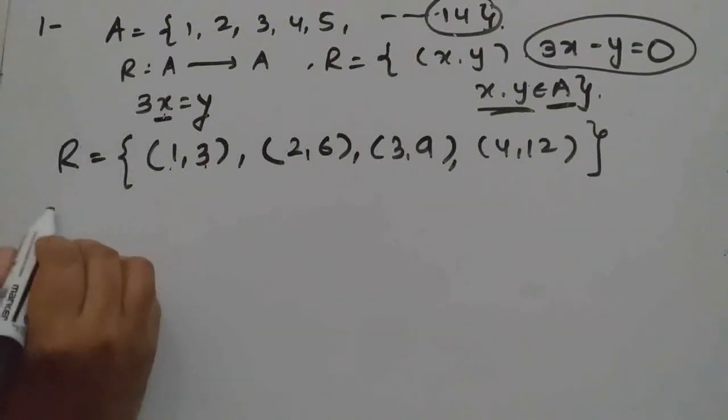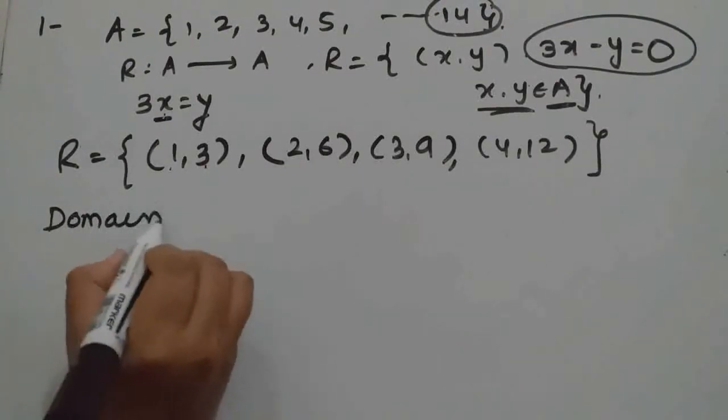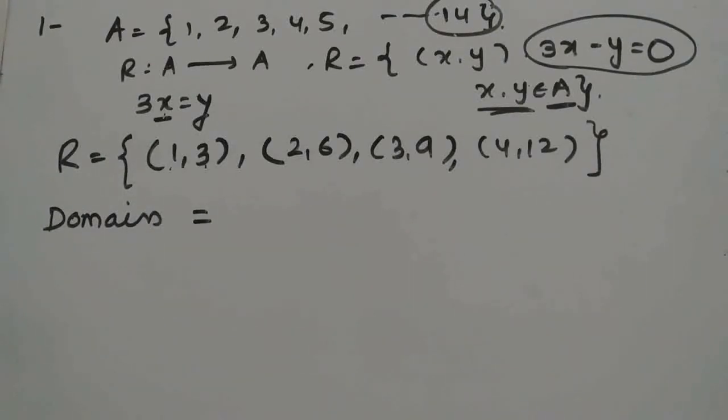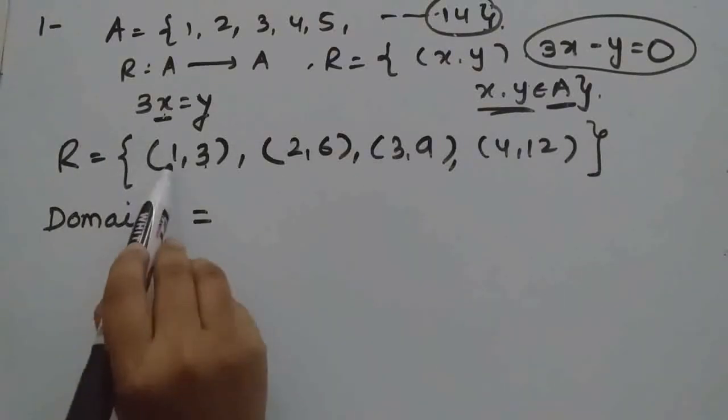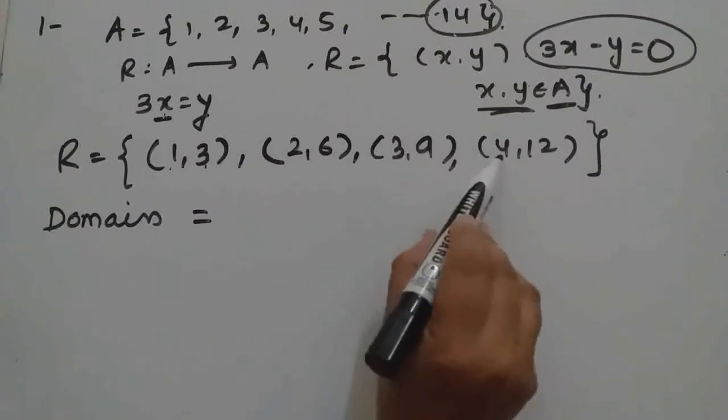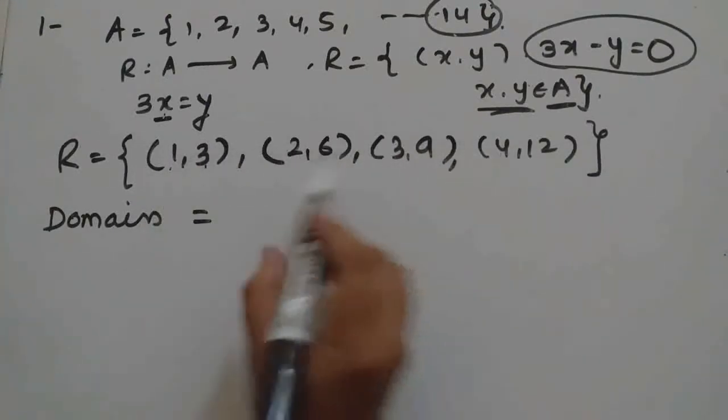Okay. Now what will the domain be? Domain will be all the first elements of R, isn't it? So 1, 2, 3 and 4.